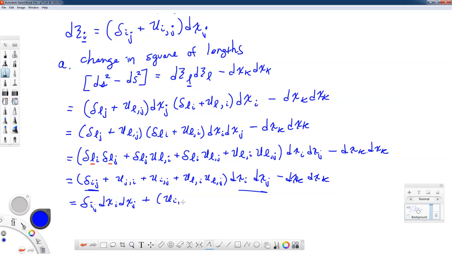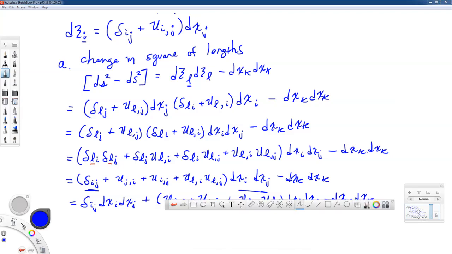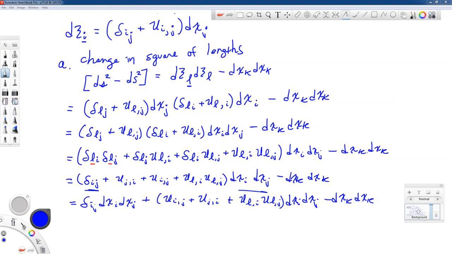I, comma j, plus u, j, comma I, plus this term, ul, comma I, ul, comma j. Those are subscripts. And then here I have the dxi, dxj, and then minus dxk, dxk. Getting a little tight on space. Let me see if I can move this little window, little toolbar here.